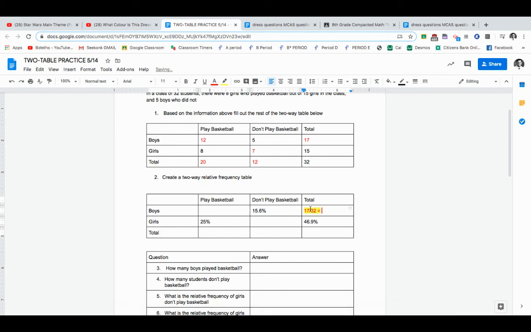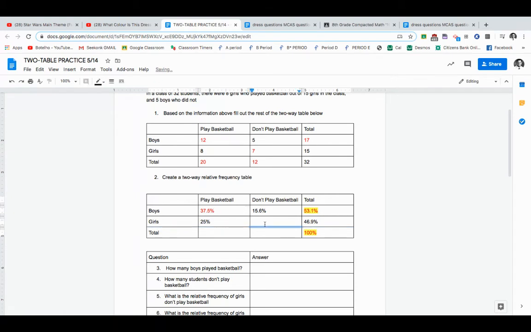And that equals 53.1%. The nice thing is that the 53.1 and the 46.9 add up exactly to 100%.